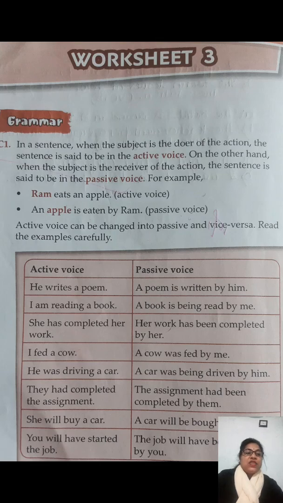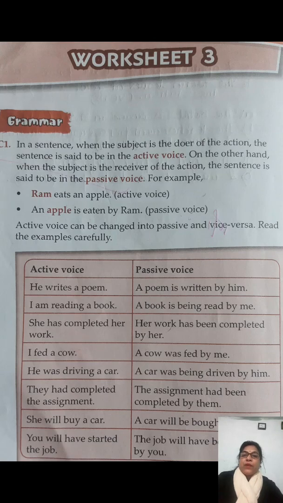A sentence changes from active to passive voice when the subject and object interchange their respective positions. Usually, the preposition by is added before the doer of an action in a passive construction. The form of the be verb used to form the passive construction must agree with the passive subject of the sentence. So let's see the exercise here.